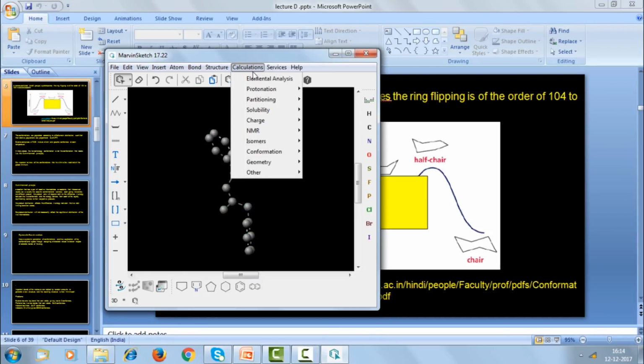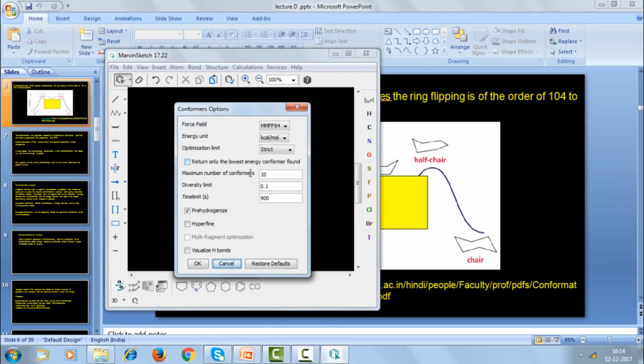So we can go into conformation, conformers.